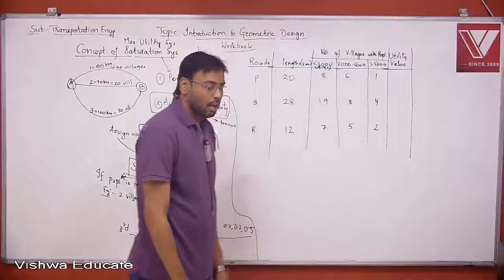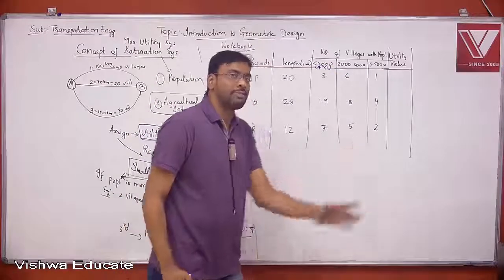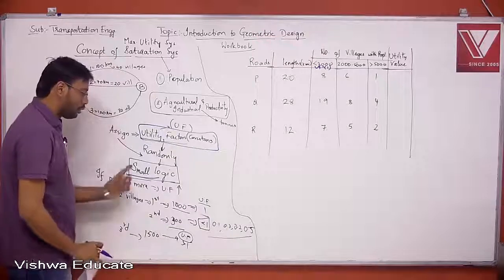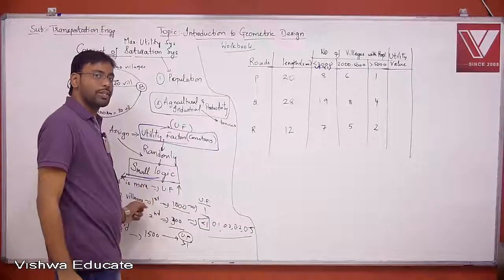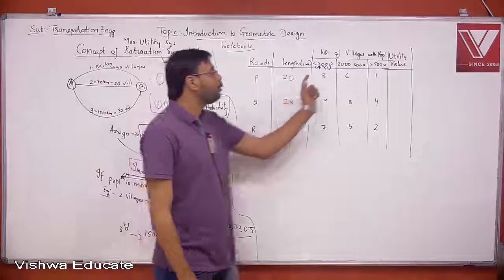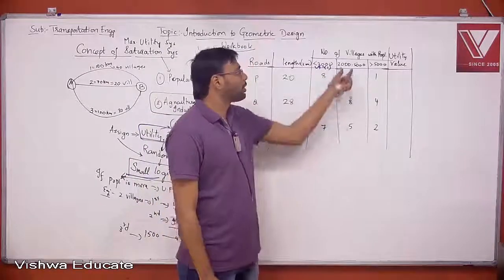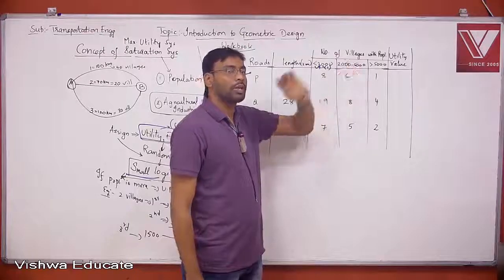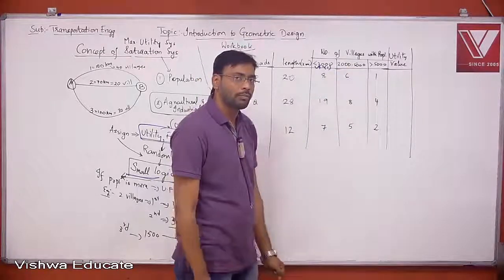Right? Now, with the simple logic as we discussed in this example, tell me what will be the utility factor for this group of villages with population 2000 to 5000. Will it be less than 1 or more than 1?